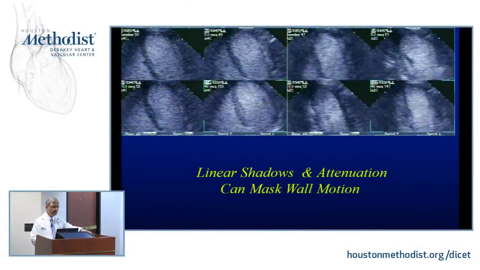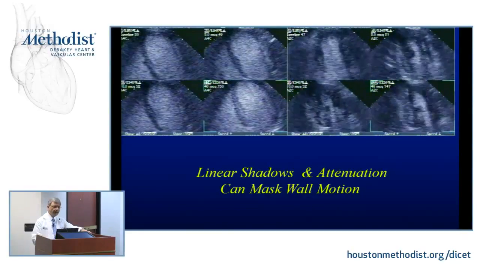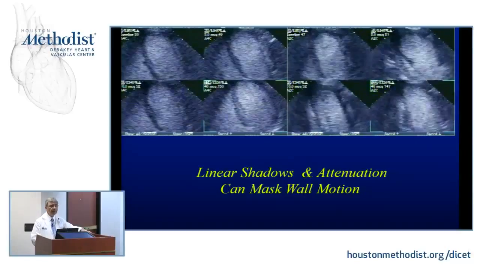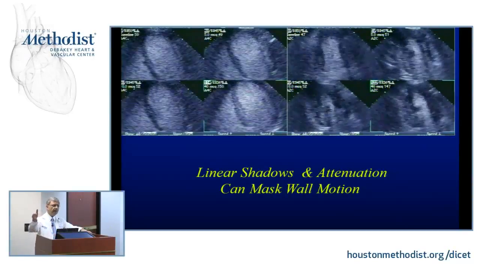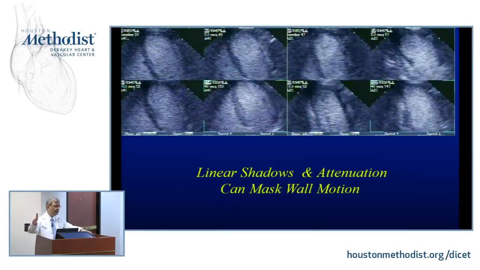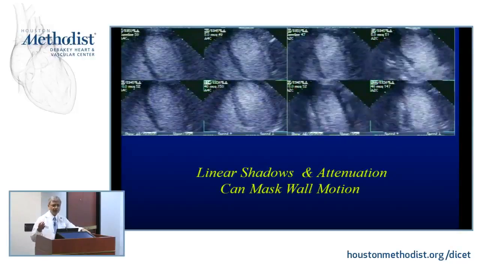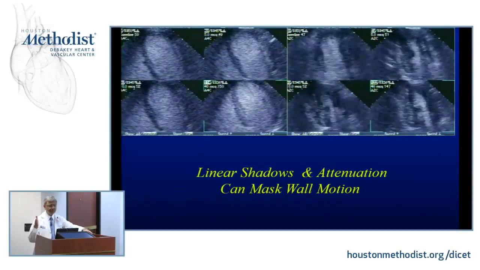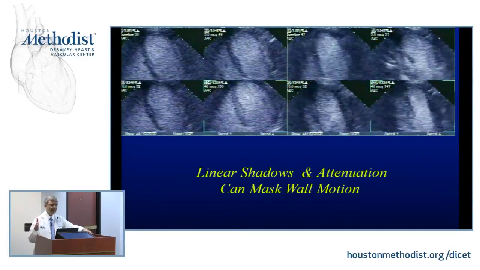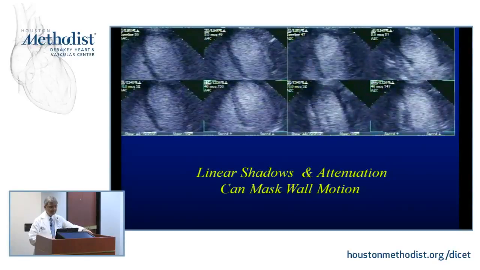Where contrast falls apart, I wouldn't say falls apart completely, but can be not necessarily attenuation, but shadowing that comes from contrast. And it could be in the one thing, linear structure, straight line structure in this heart. If you see something that is straight line, you know you got to be careful about that.